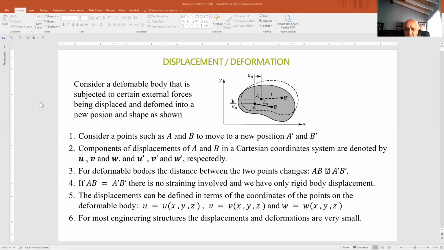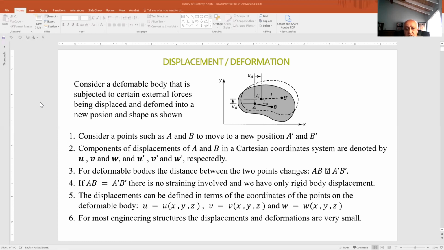If you are talking about, for example, a beam with a 1,000-ton load applied at the middle of that beam, the beam deforms, but its sagging, its deformation, its displacement over the center point compared to the length of the beam is at least a couple of orders of magnitude smaller. Most of the engineering problems are solved in that fashion.